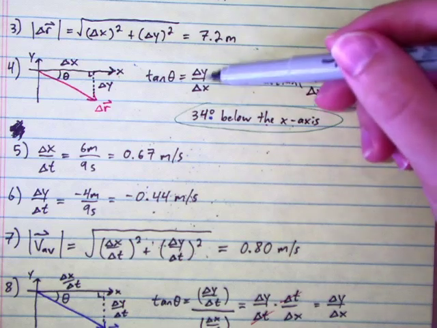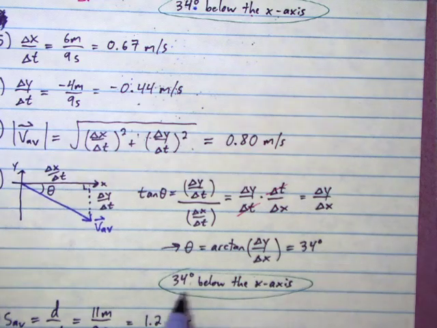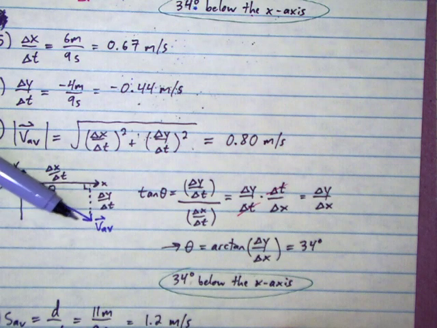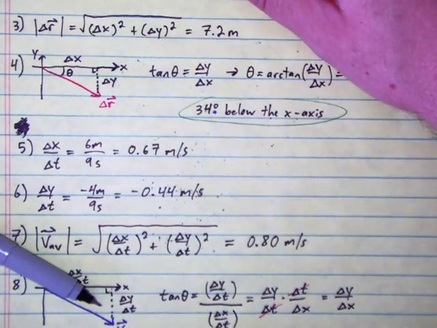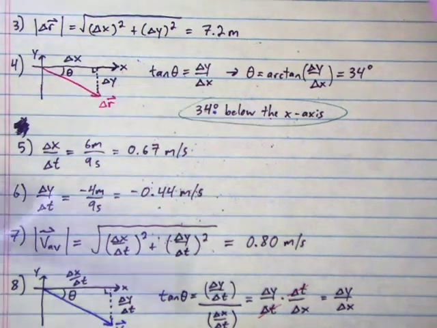So this came out to be an angle of 34 degrees. This, of course, will also come out to be an angle of 34 degrees. So our average velocity is also 34 degrees below the x-axis, parallel to the displacement as we expected. We proved that those two angles are the same.